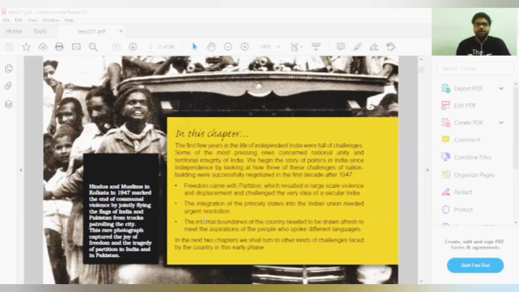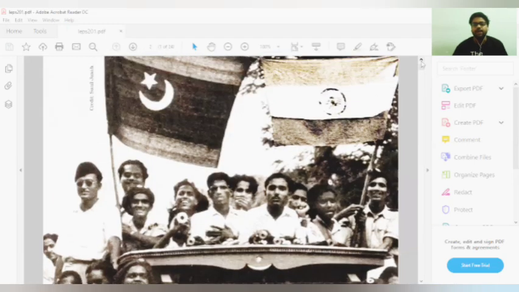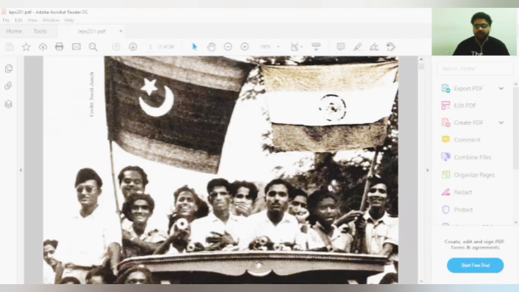So this very first page of this chapter shows us a picture of people flying both India and Pakistan flags.